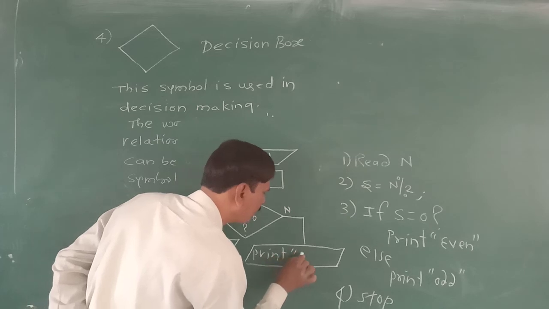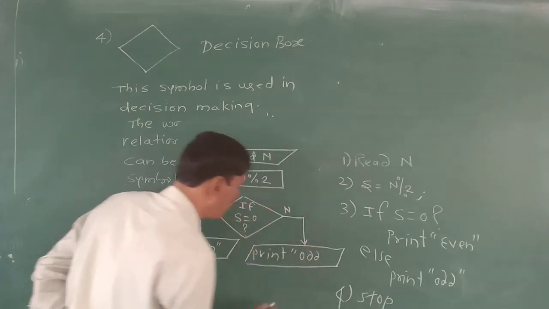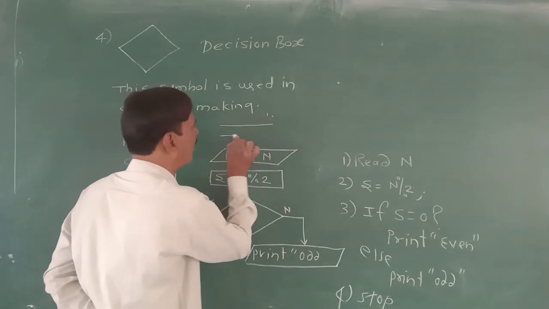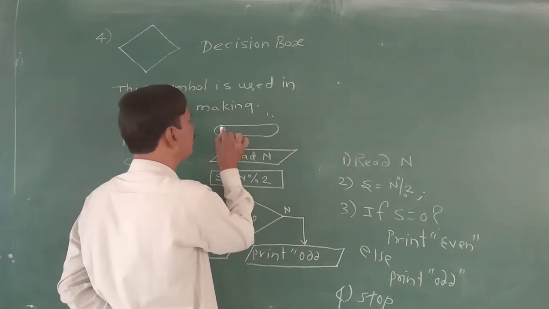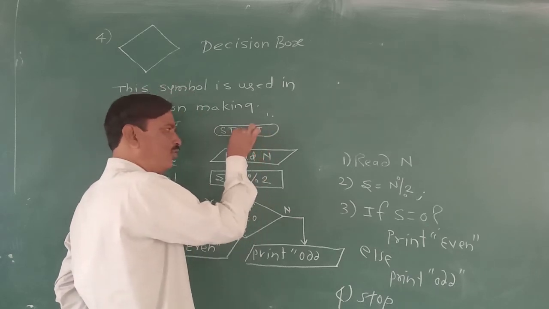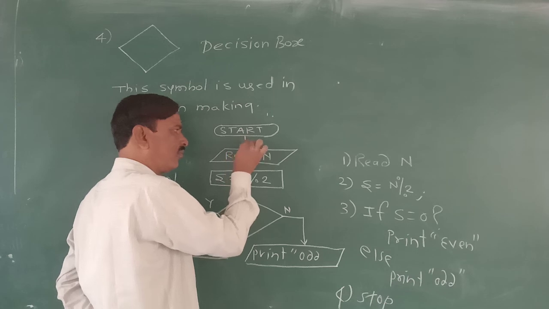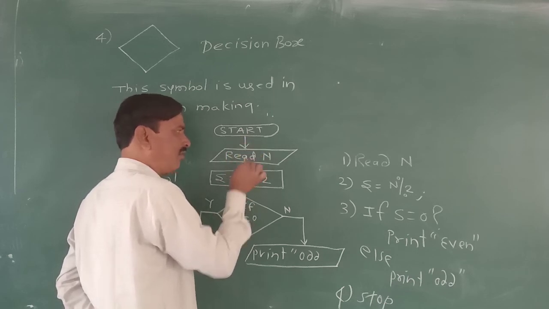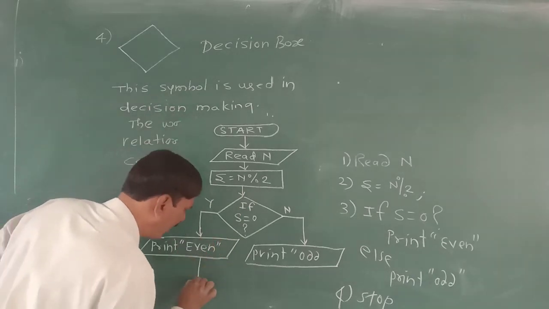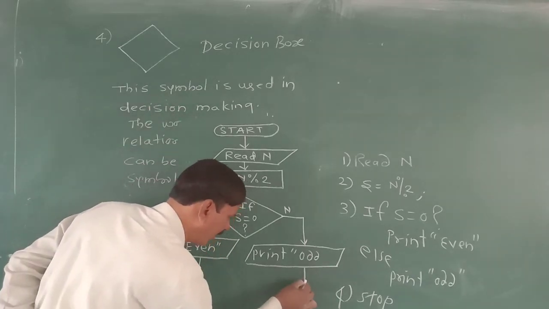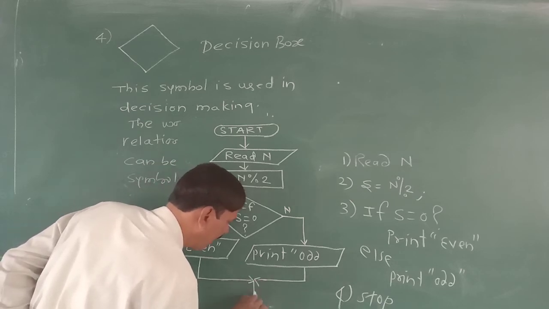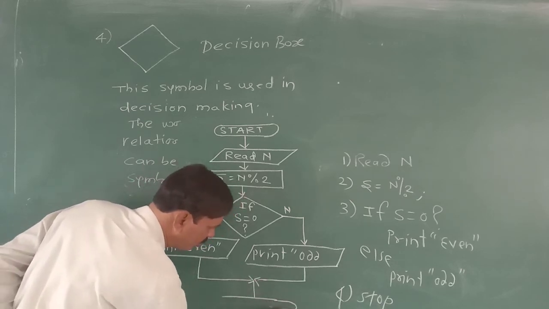Print odd. So either one will be there. So here there will be the start. Flow lines should be given. After that, how the flow is there, that we have to indicate. So either this will happen or this will happen, but both will come to the end, and here there will be the stop.